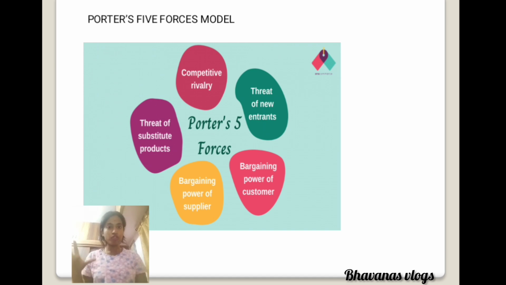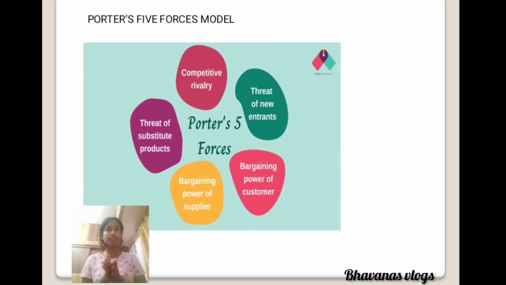The Porter's 5 Forces model focuses on 5 forces. The first one is competitive rivals, the second is the potential for new entrants in an industry, the third is suppliers' power, the fourth is customers' power, and the fifth is threats of substitutes. I will explain these 5 forces in detail. So the first one is competitive rivals.